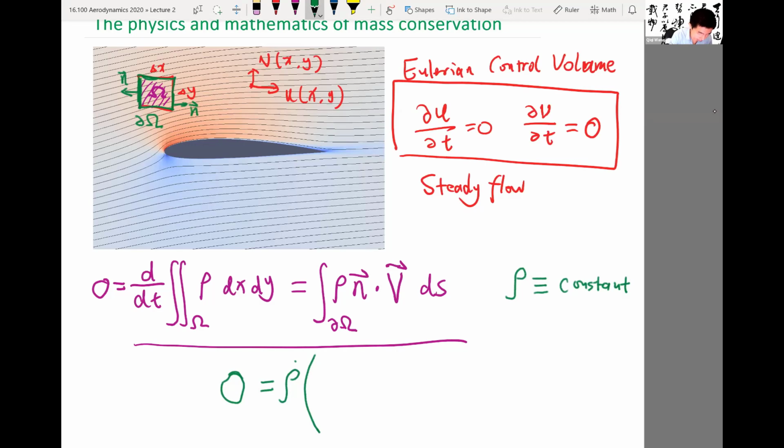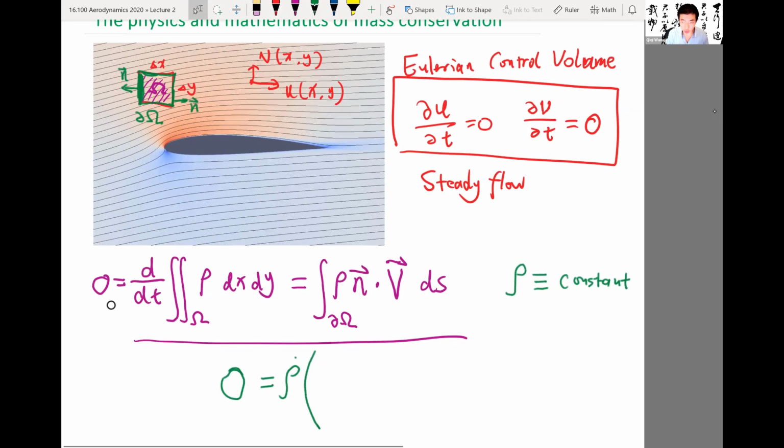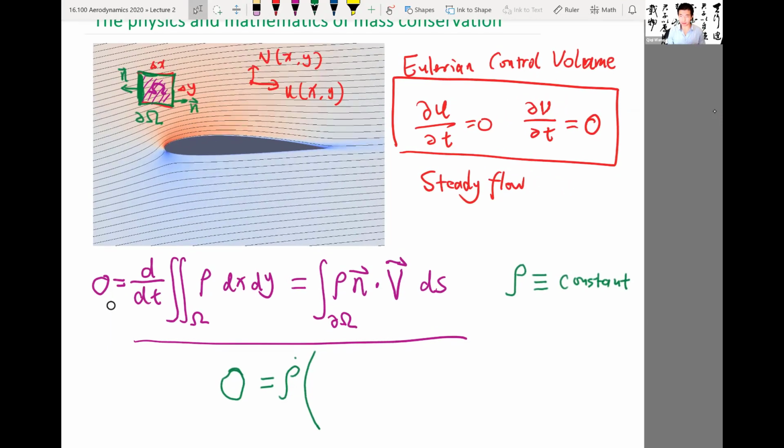Let's first look at the left boundary. On the left boundary, the normal is -1, 0, right? The normal that points outward towards the outside of the control volume is equal to -1 and 0.